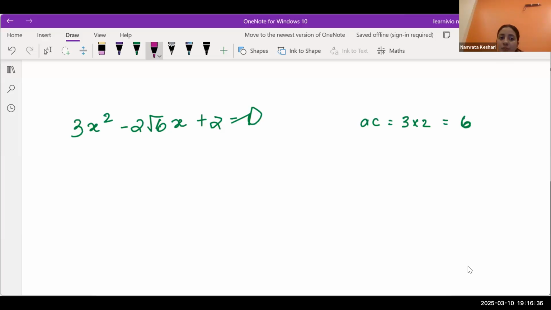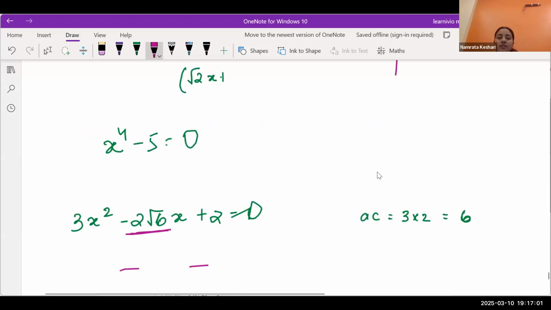Since our middle term is having a square root, we are searching for two numbers which added together or maybe subtracted will give us 2 root 6, right, Rayyan? Okay, one thing we must understand, that for example, if we are having 5 root 2 minus 3 root 2, then the answer will be 2 root 2, right?